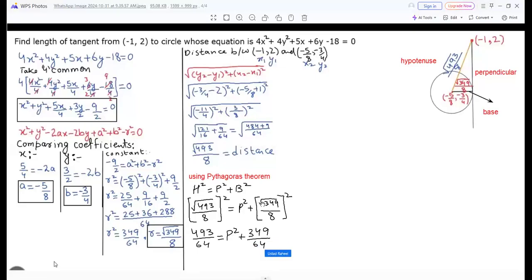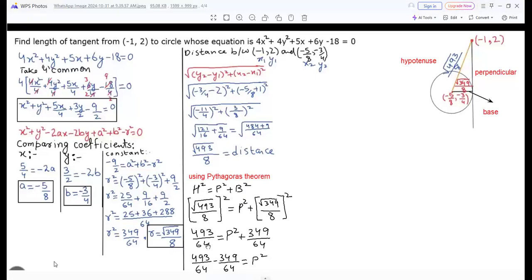Now, as I need the value of p square over here, I'm going to shift this thing over here. So it will become 493 over 64 minus 349 over 64 equals p square. Okay, this is the working I have got, because I am shifting it on this side for the value of p square.